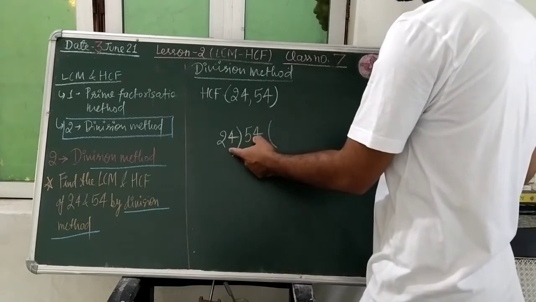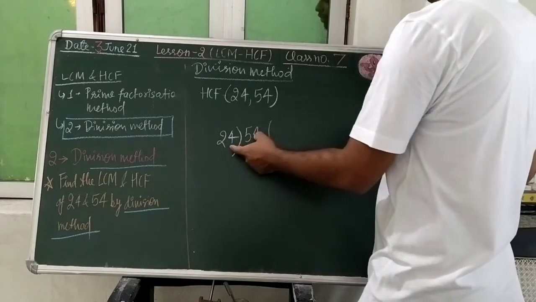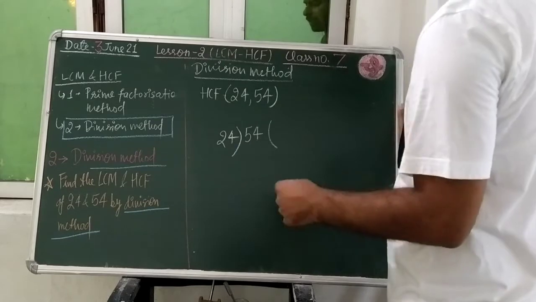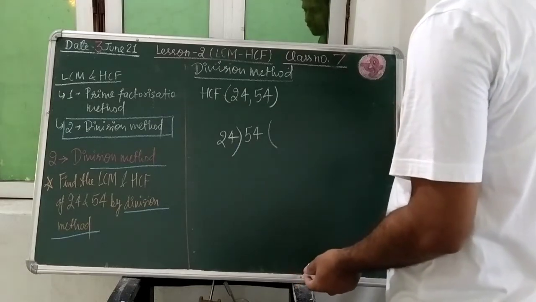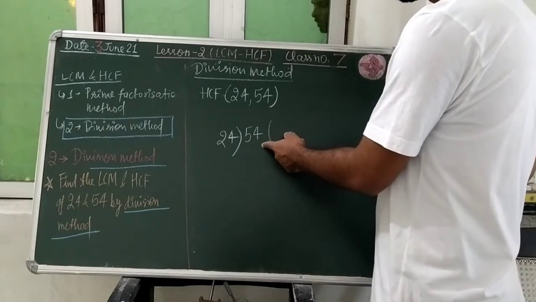So how many times will 24 divide 54? It will go 2 times, 48, and 3 times it will not go, because it will be beyond 54.